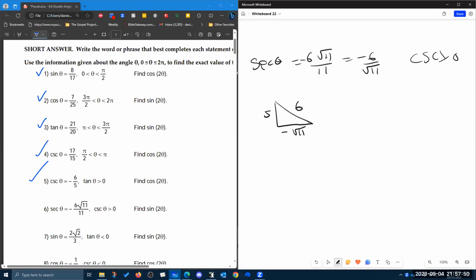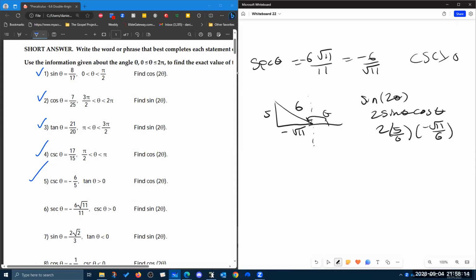Yeah, there we go. Here's my theta. And so we want sine 2 theta, which is 2 sine theta cosine theta. 2 times 5 over 6 times negative root 11 over 6 is negative 10 root 11 over 36, which is negative 5 root 11 over 18.